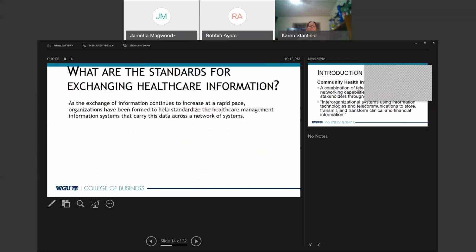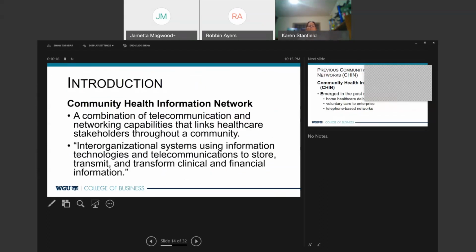So, what these organizations have done is not only create regulations and rules to help with the exchange of information, but some of them have also helped to create languages to help with that interface, right? To help with the translation or to help that request be better understood by the computer system, okay?